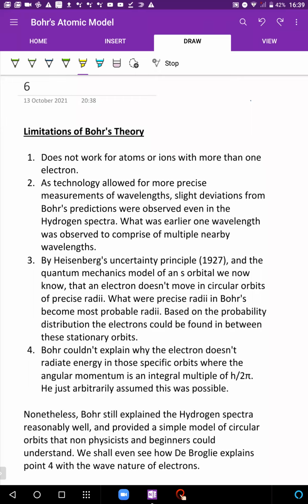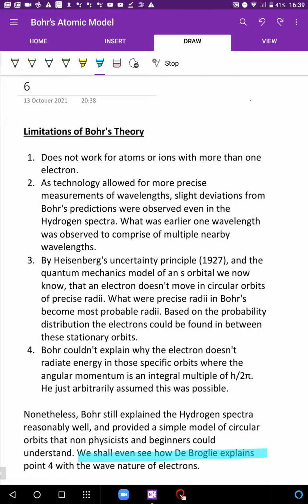The orbit may not be perfectly circular, may be elliptical, may not be confined to a specific plane. And this is all not taking into account the actual wave nature of the electron. But still, Bohr's model is good enough to at least give people who are not that interested in physics an idea of what an atom is. So that's why it's not been completely discredited.